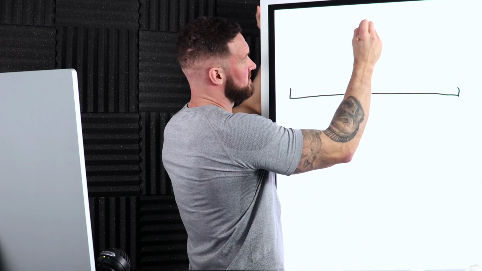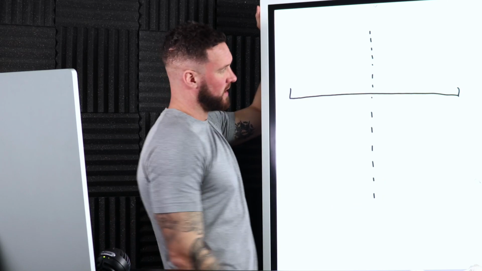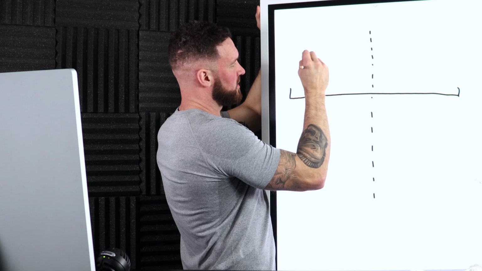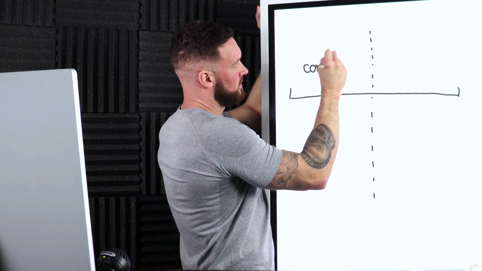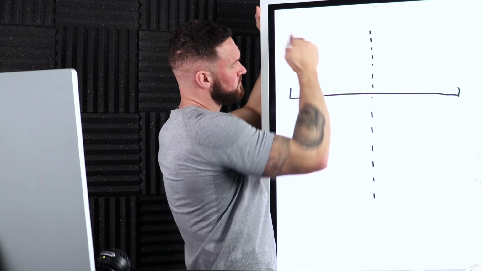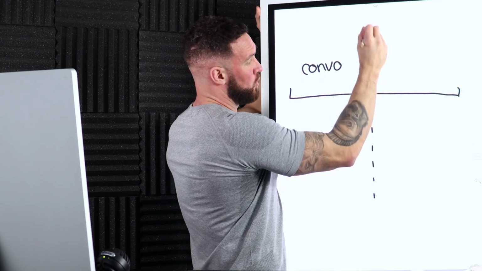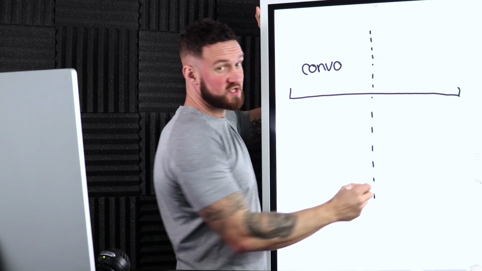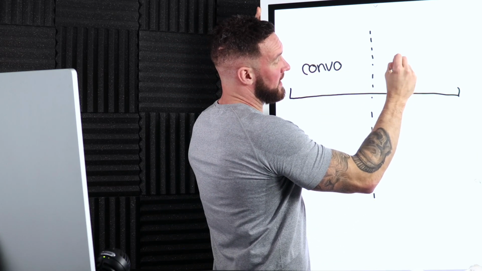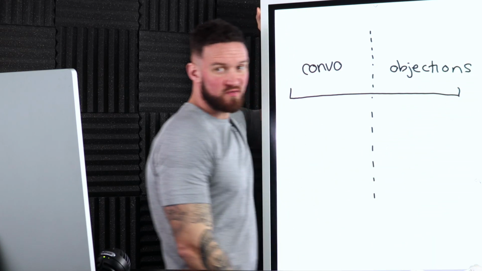If we break this into 2 halves, you've got the first half of the conversation, and then this is the point where you ask the prospect to buy. And then you have everything after that, which is going to be overcoming objections.